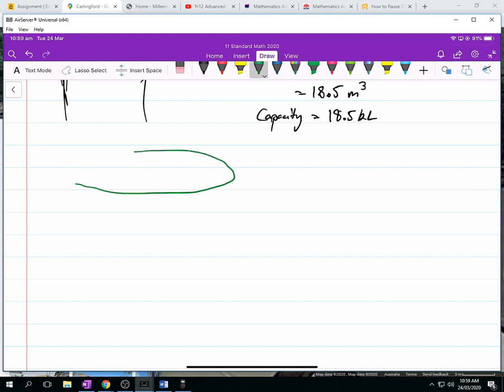So imagine you've got a cylinder, and we get with a 8-meter diameter or a 4-meter radius, and we want to work out how high this is going to fill with 18.5 kiloliters or 18.5 cubic meters.